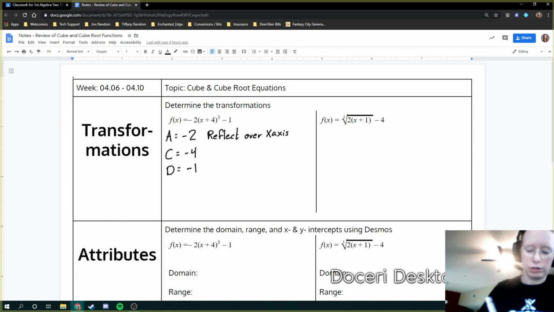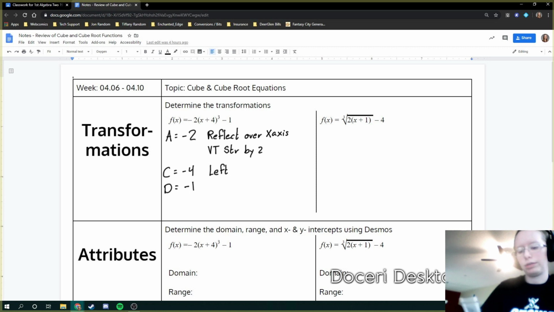Let's get these down. And the fact that it was 2, so this is a vertical stretch by 2. A c value of -4, so this went to the left 4, and down 1. Alright, second example.